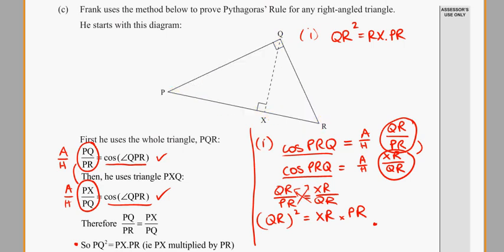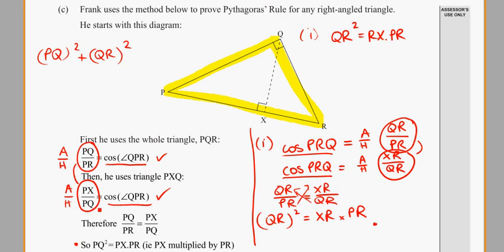Pythagoras' theorem. So QP squared, or we'll call it PQ squared, plus, and now we want QR squared. I'm hopefully going to show it equals all of that squared.